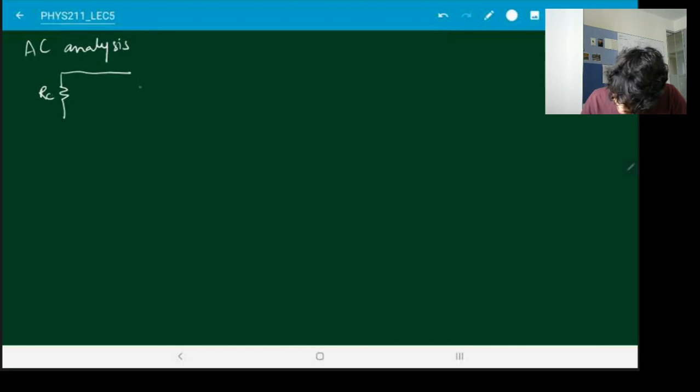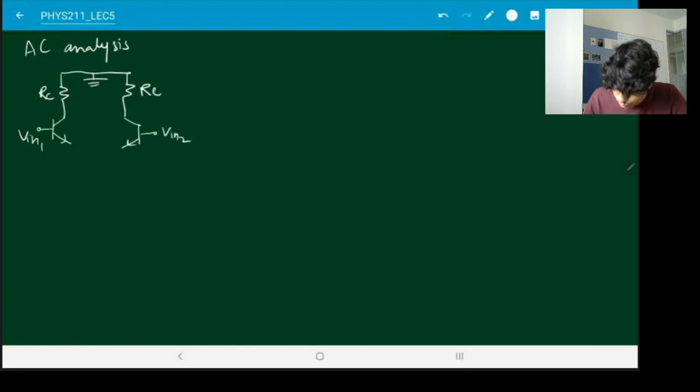RC, there was supposed to be a plus VCC over here on top, but AC analysis, so that has to go to ground. And I'm going to put some VIN1 AC input, VIN2 AC input.